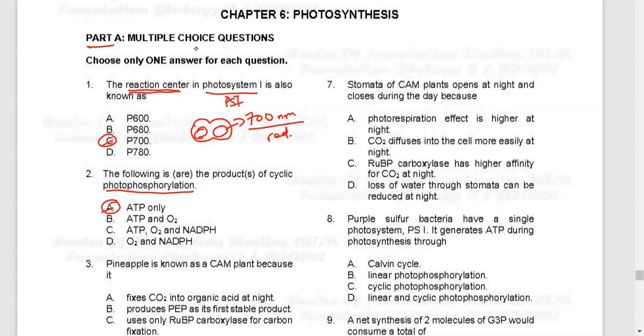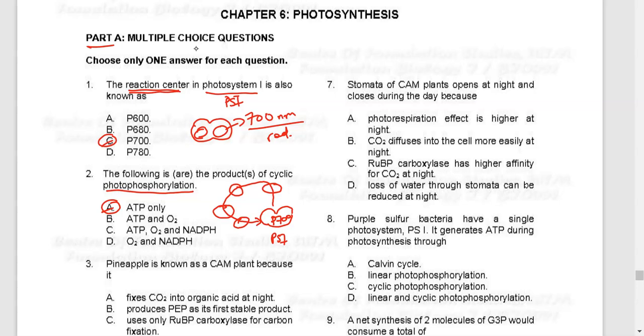The electron will flow from the reaction center of photosystem 1, which is P700, and then pass from one electron carrier to another and then back to P700 again. The electron will be passed from the primary electron acceptor through ferredoxin, and then to the cytochrome complex, and then to plastocyanin, and then back to P700.